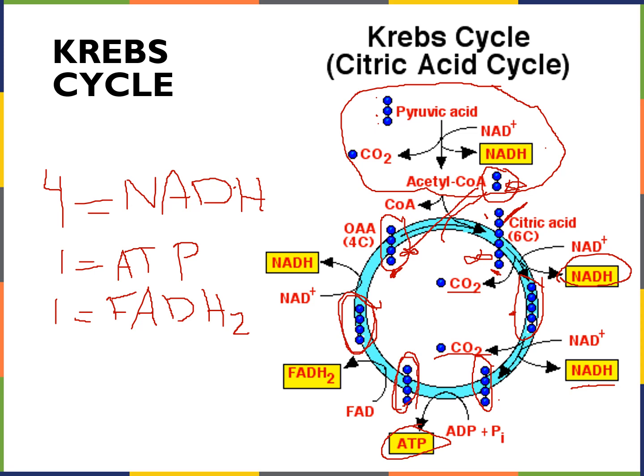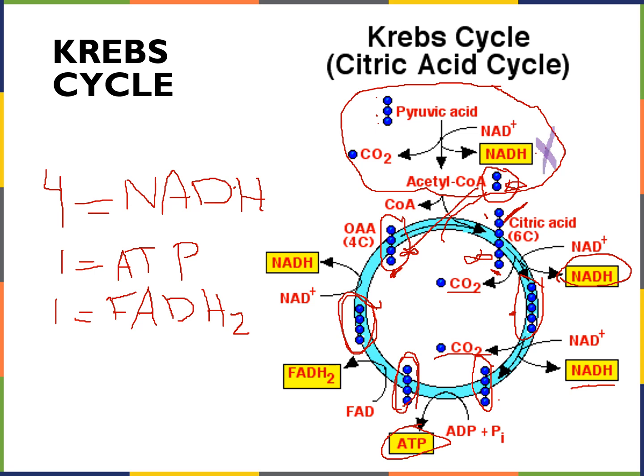Okay. So if we were to go through here and count our energy, we have an NADH here at the top, and I'm going to change ink colors because this is looking a little sloppy. So this molecule of NADH, remember, it makes 3 molecules of ATP.